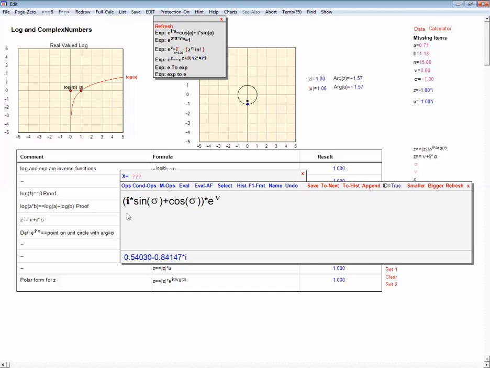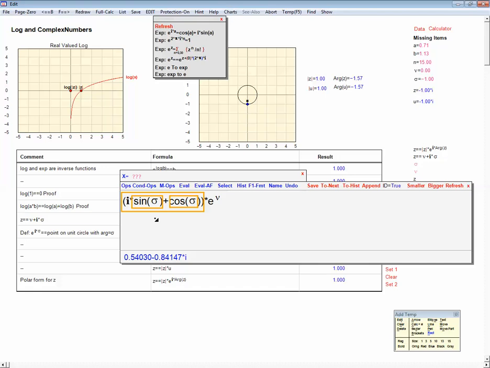So if we make that substitution, we get this. And look at this thing here. This thing here is a complex number. Its real part is the cosine of sigma, and its imaginary part is the sine of sigma times i. So this turns out to be a point on the unit circle.